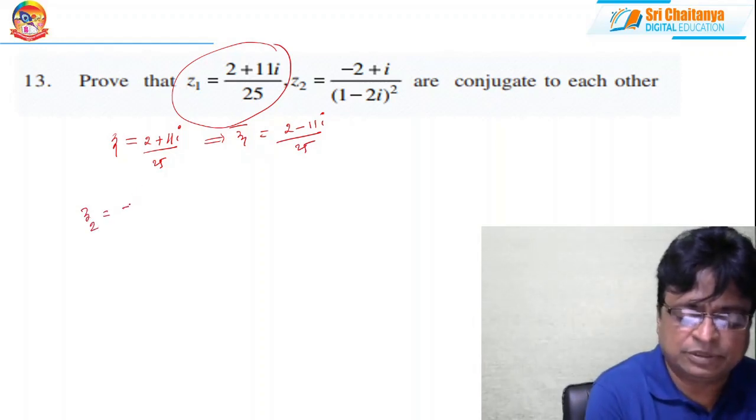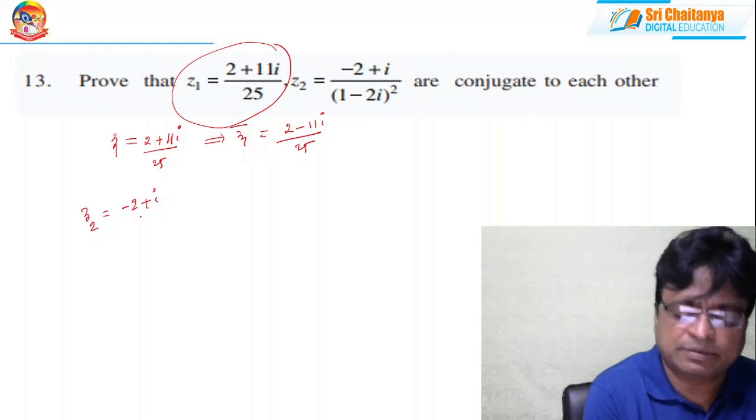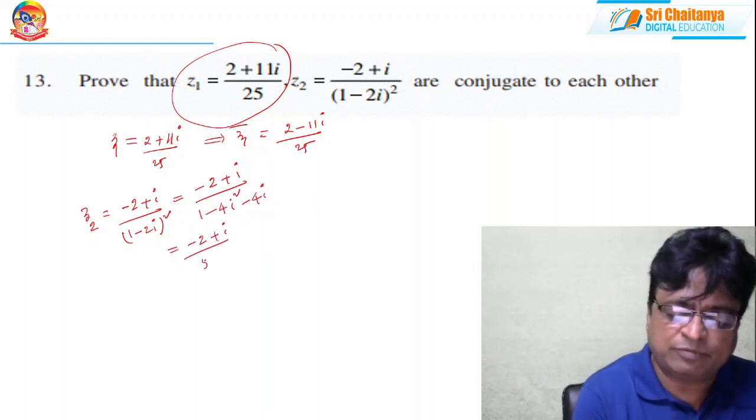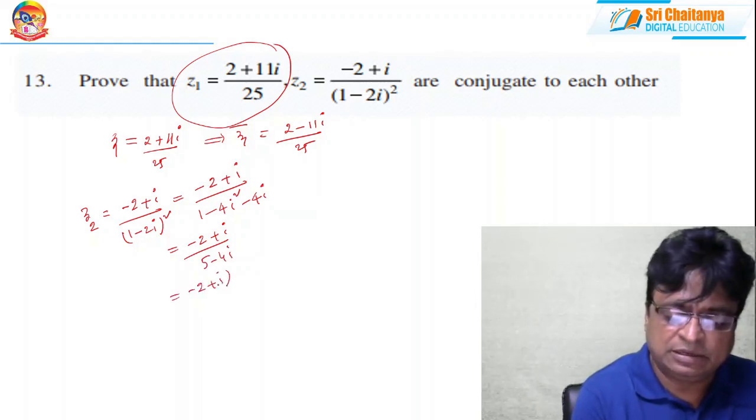Z2 is equal to (minus 2 plus i) by (1 minus 2i) whole square. Now simplify this. Minus 2 plus i by 1 minus 4i square minus 4i, this is minus 2 plus i by 1 plus 4, 5 minus 4i. Multiply by 5 plus 4i over 5 plus 4i.